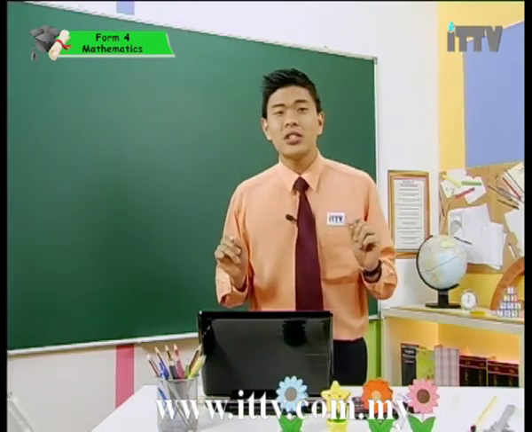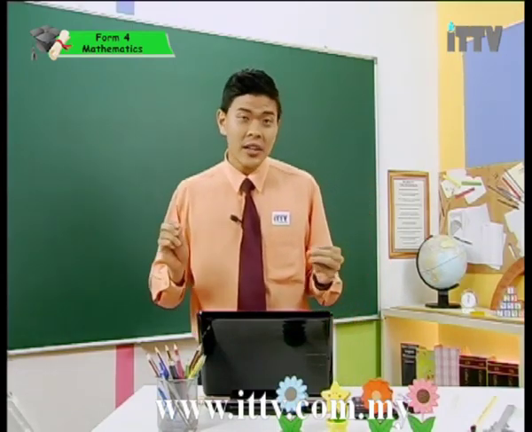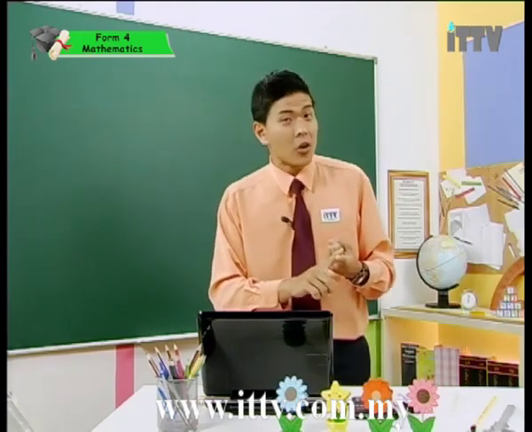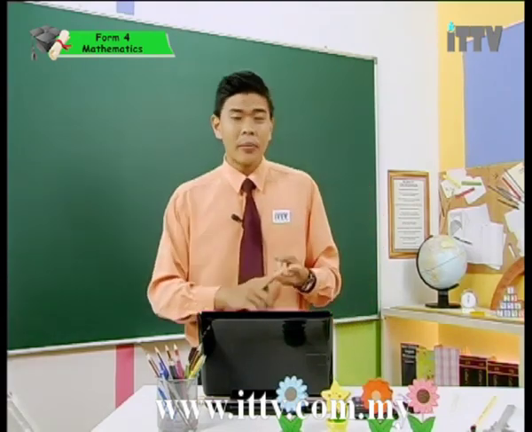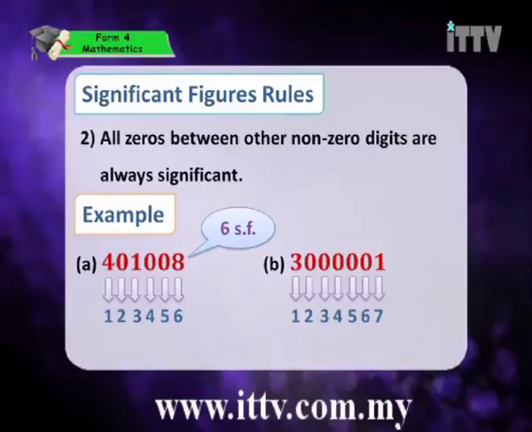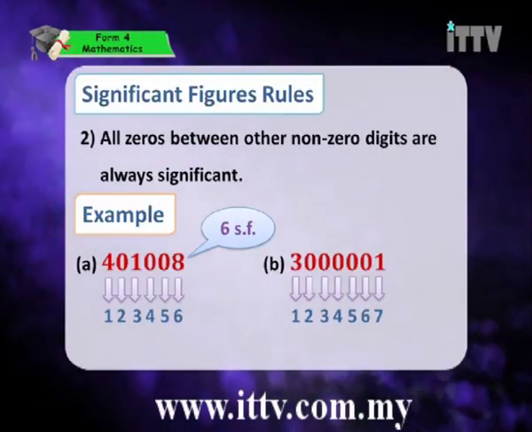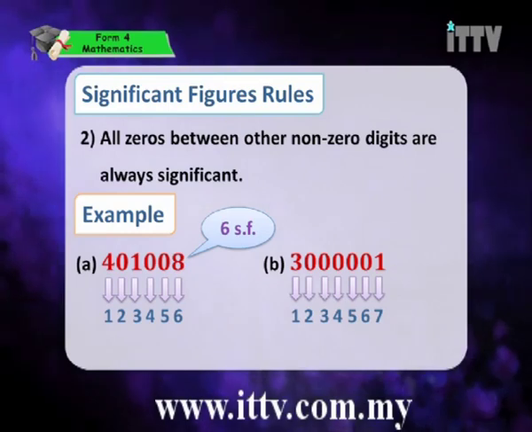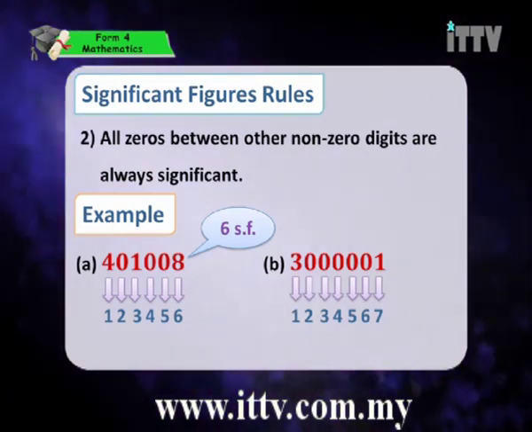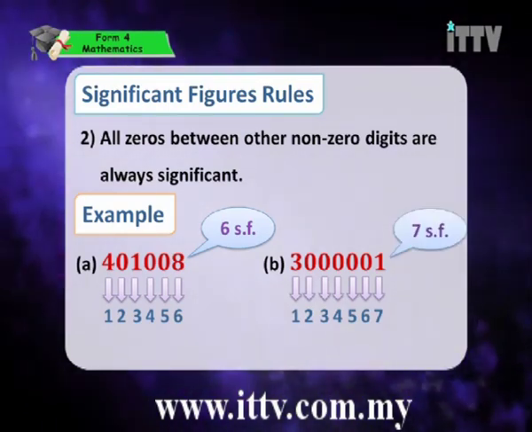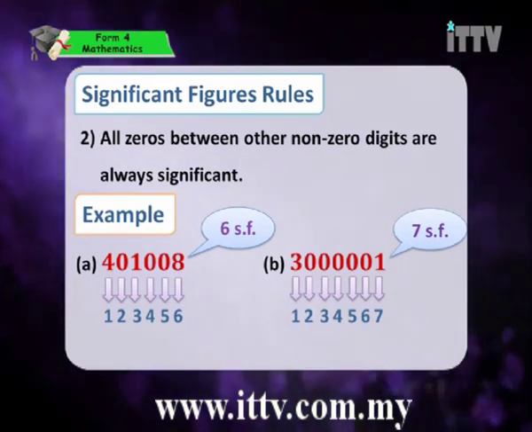So all these 5 zeros are considered significant, added with the 3, which is already significant, and the 1, because they are non-zero digits. So all 7 digits are significant. And this number is said to have 7 significant figures.